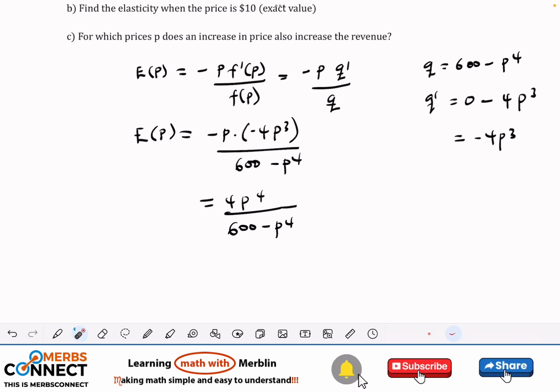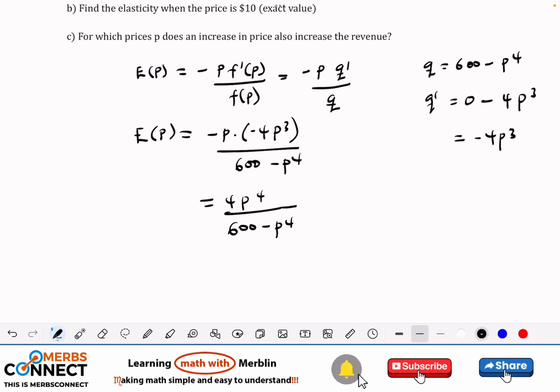Please, I've been seeing these mistakes. Don't cancel this and this. You cannot do that. If you want to cancel something, the thing you want to cancel must be multiplying. If this 600 was also multiplying this, that's when you can cancel. Because of this minus here, we cannot cancel.